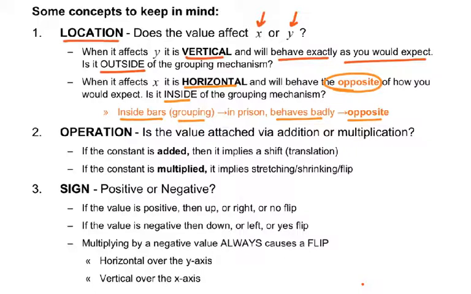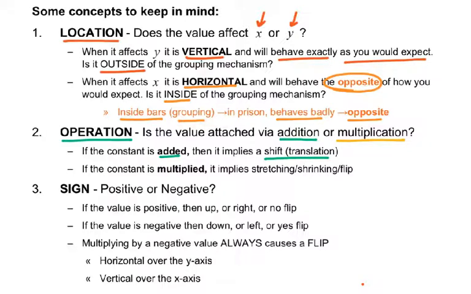Then we have operation. We have two essential operations in math: adding (or subtracting), and multiplying (or division). So we have addition or multiplication. If something is added, that means we are going to shift.